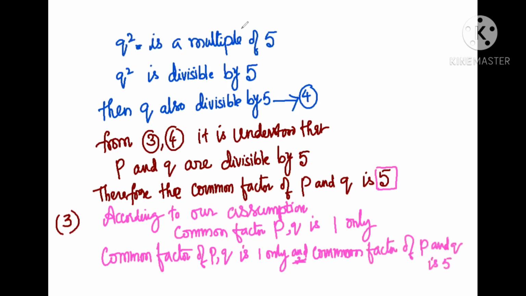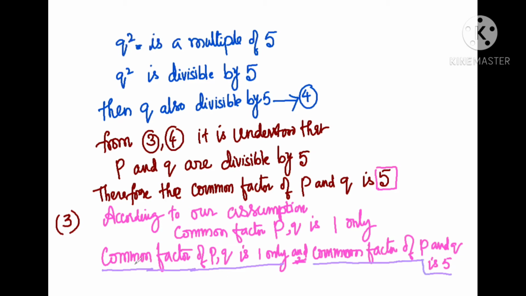Here are two statements. They are contradictory to each other. This is our assumption, and this is our final result. But both are opposed to one another.